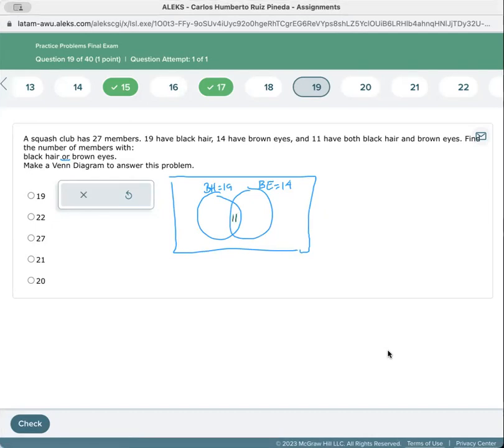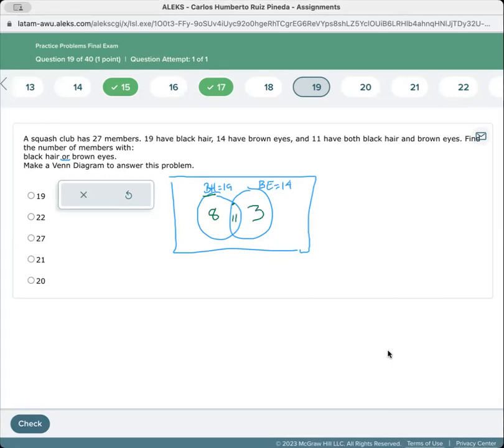So if the total black hair is 19 and we already have 11 that share the two traits, then 8 must be the only ones that have black hair without repeating, okay? And then the brown eyes, the total is 14, but we already have 11 that also have black hair. So we need to subtract 11 from 14 and we get 3.